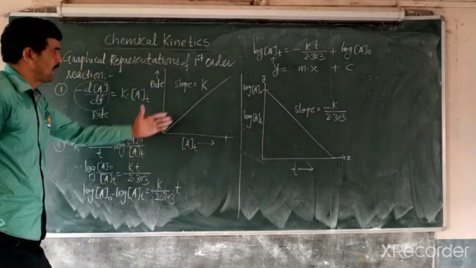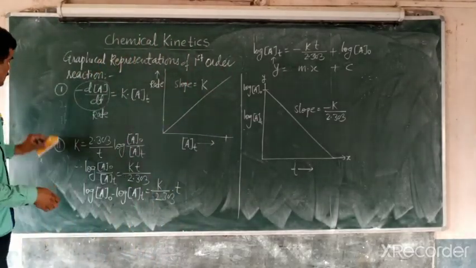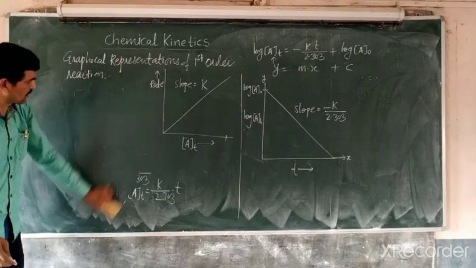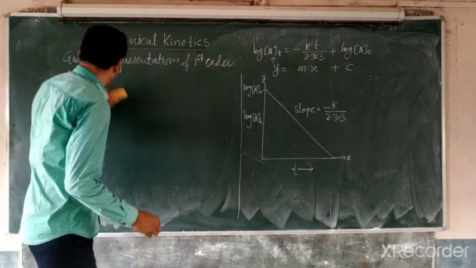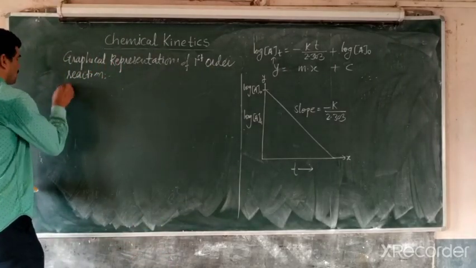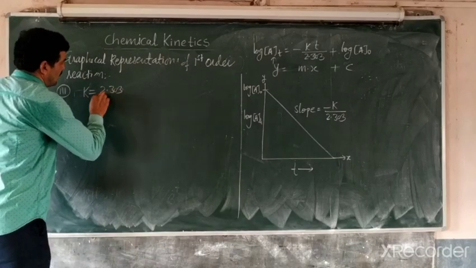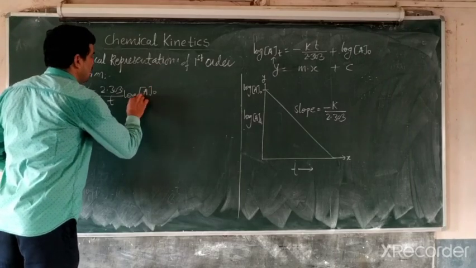This is another graphical representation of the first order reaction. One more graph is possible for the first order reaction. We know that k equal to 2.303 by t log of A0 by At.